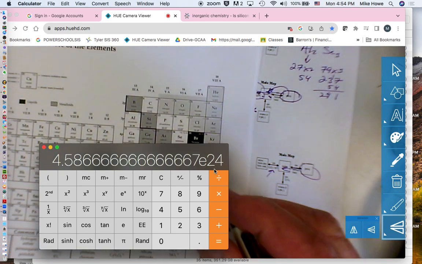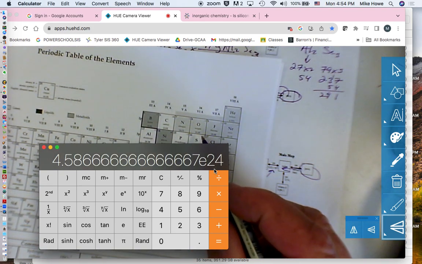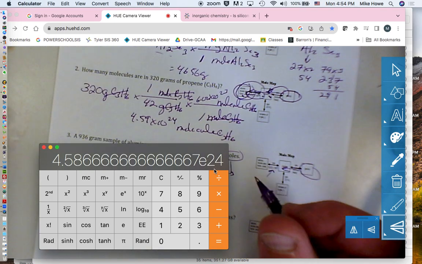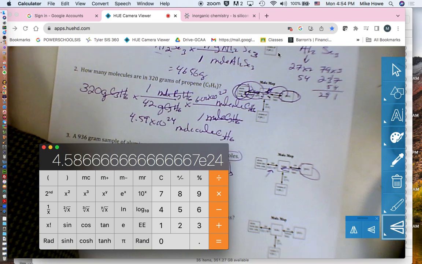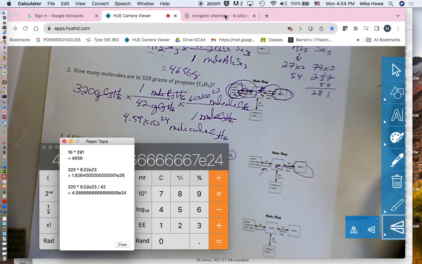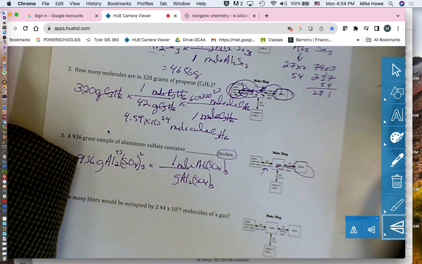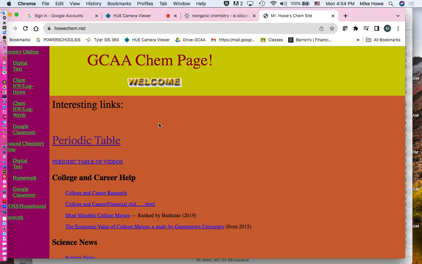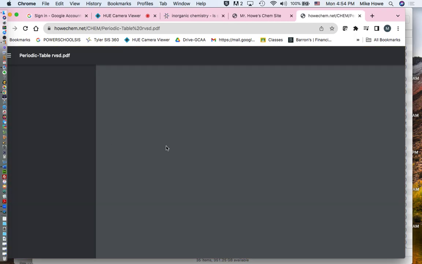So you look at sulfur, 32, and oxygen, 16. Once again, you can see the periodic table by going here and clicking on the website here, and then you can easily see what these numbers are.